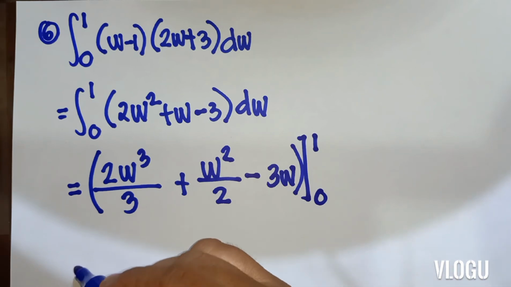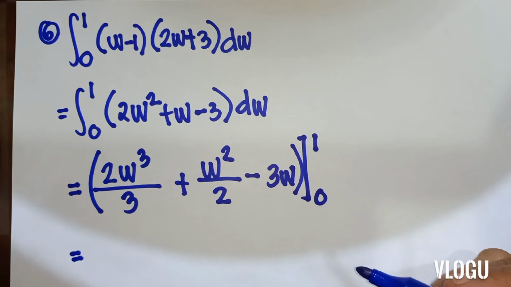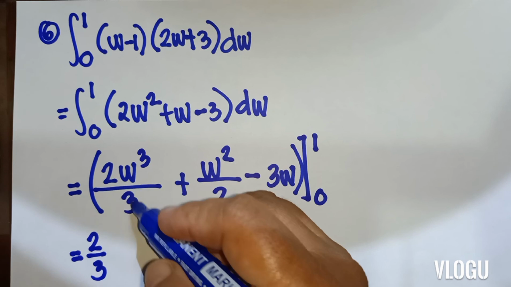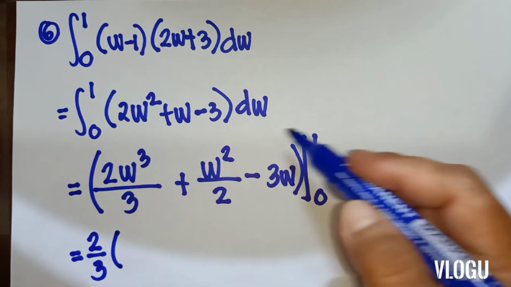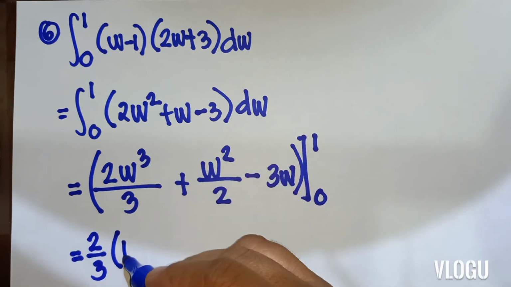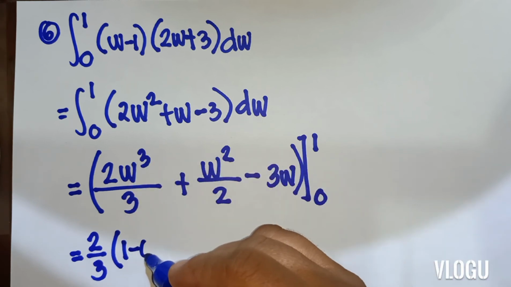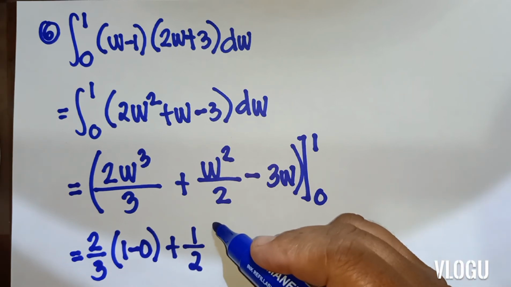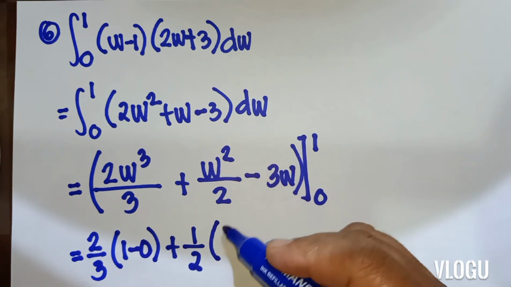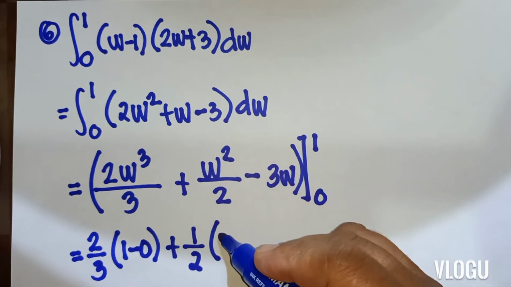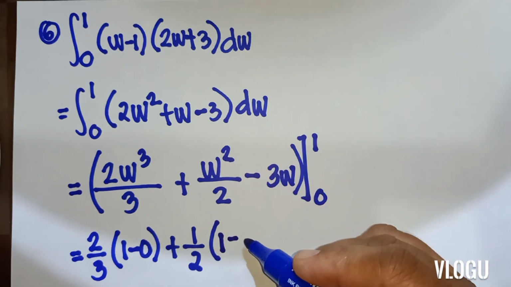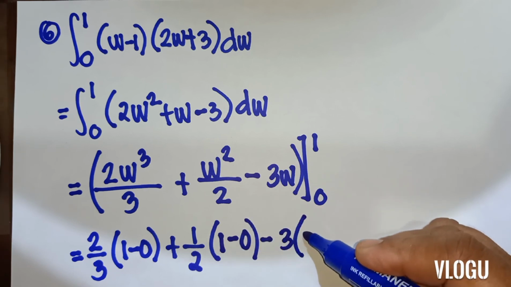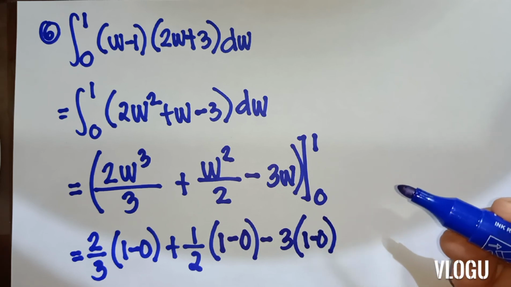So we will have 2/3 times w cubed, that is 1 minus 0, plus 1/2 times w squared replaced with 1, so 1 squared minus 0, minus 3 times 1 minus 0.